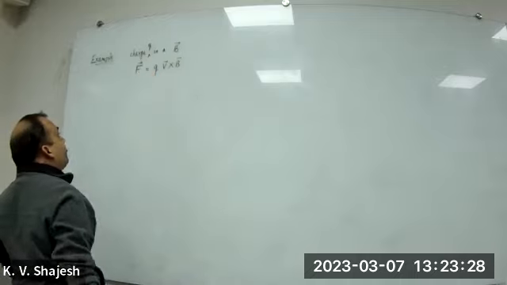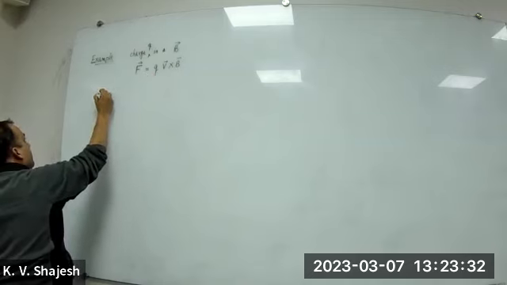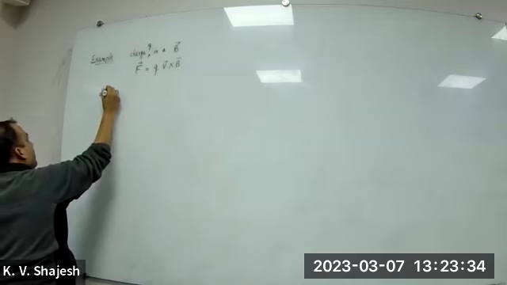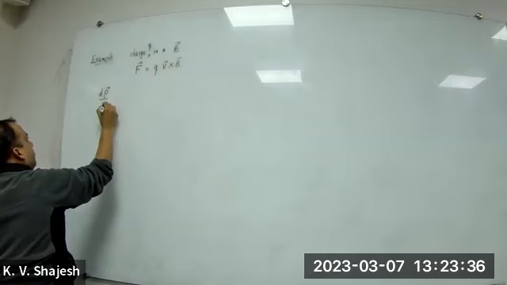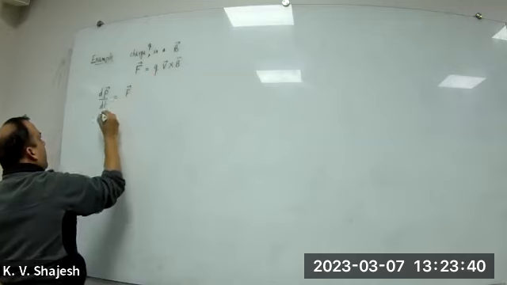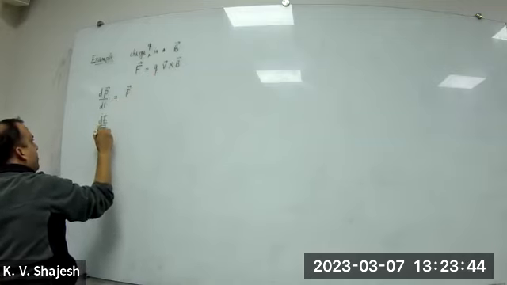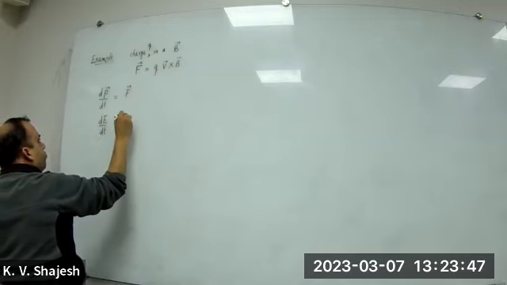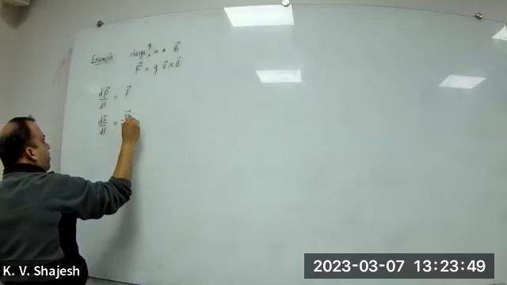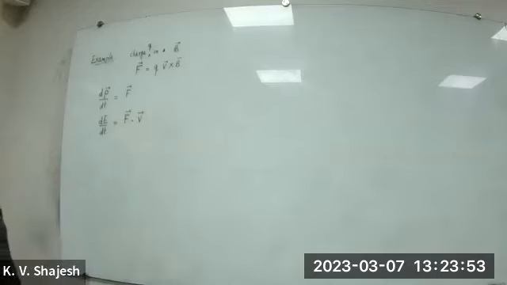So that's your force, and remember our new equations of motion: dP by dt is equal to the force, and dE by dt, the energy, is equal to the force dotted with velocity. That's our equations of motion.